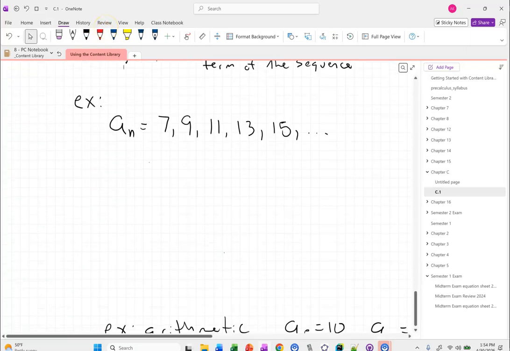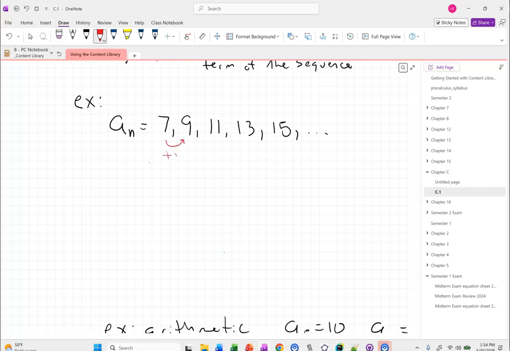All right, so let's look at a sequence here. So we have 7, 9, 11, 13, 15. Is this arithmetic? Yeah, right? Should be easy to see that right away. So there's my d. That's d equals 2. And then I need a term, right? Well, I'm going to choose this guy. Does it matter which one I pick?